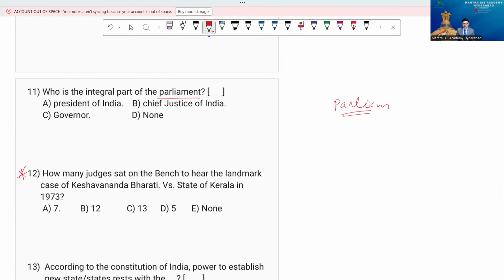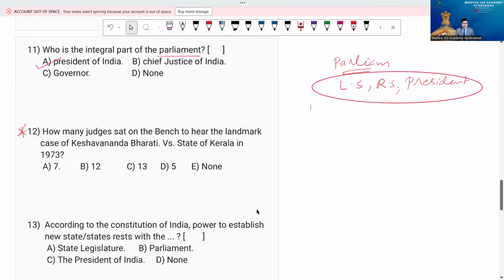Parliament consists of Lok Sabha, Rajya Sabha, and at the same time includes the President of India. That's a major point here. So the President of India is a part of parliament. Hope you understood. These three, Lok Sabha, Rajya Sabha, and the President of India, are nothing but the parliament.